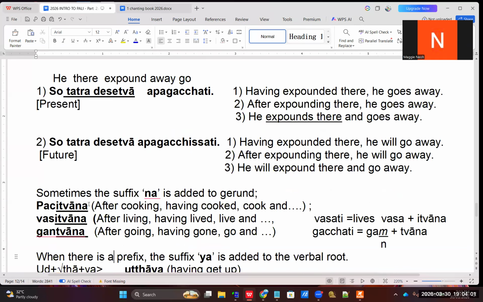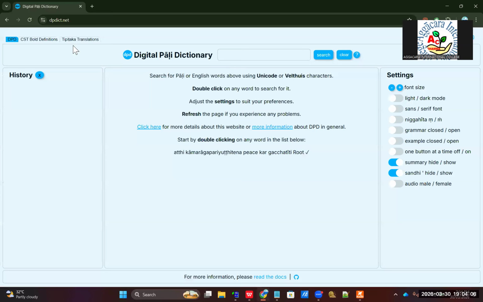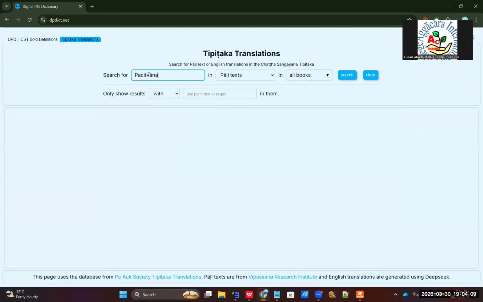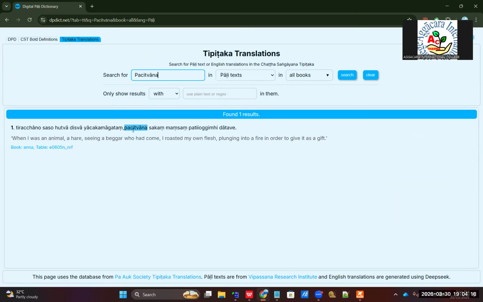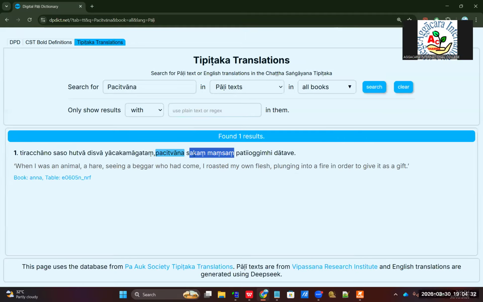Okay. So all these exist in theory. Let's see in the Tipitaka translation. You go to the Digital Pali Reader, the Digital Pali Dictionary. So we do a check here. You see only one example. Here, sakam mamsam. Sakam mamsam means own flesh. Pachitvana here, roasted, means I cook my own flesh. Oh, okay.